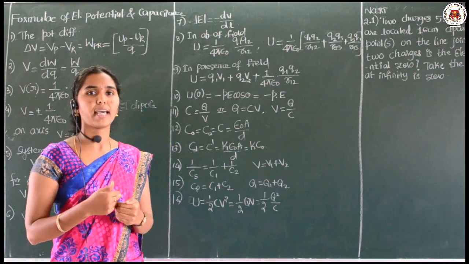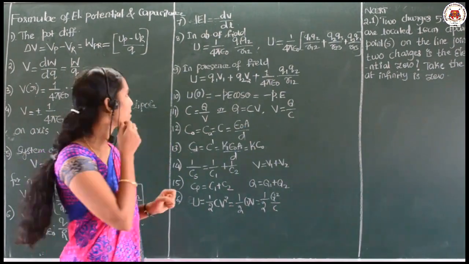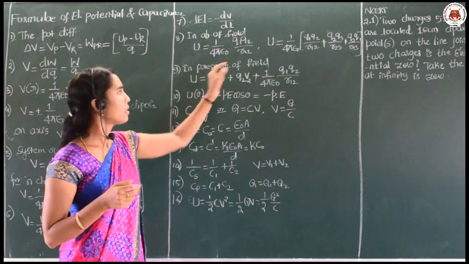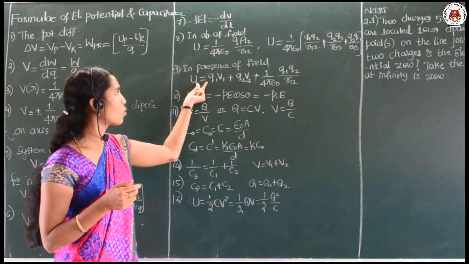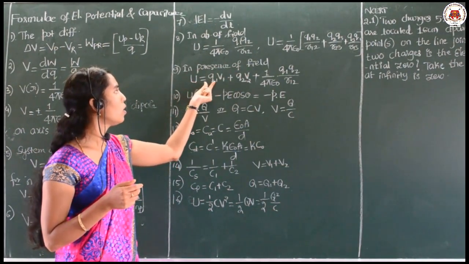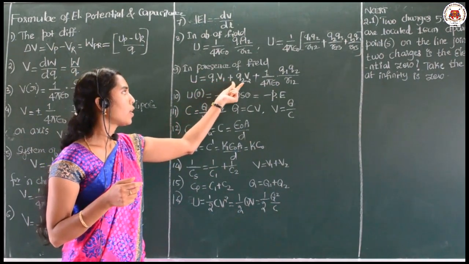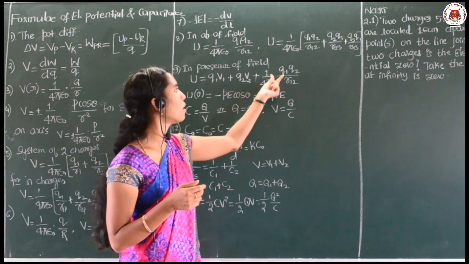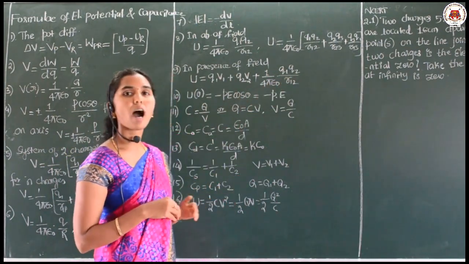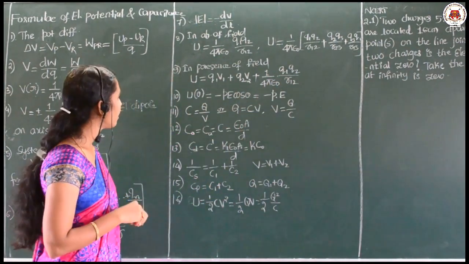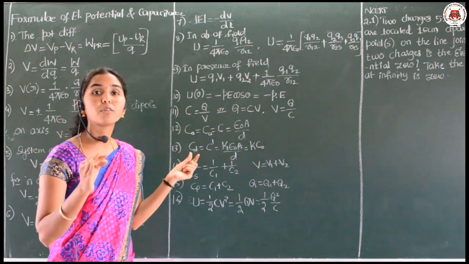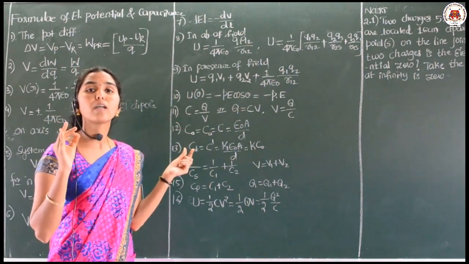Suppose an external field is there. The formula in the presence of the field for potential energy is U = Q1V1 + Q2V2 + (1/4πε0) Q1Q2/R12, right. Next, potential energy for an electric dipole.